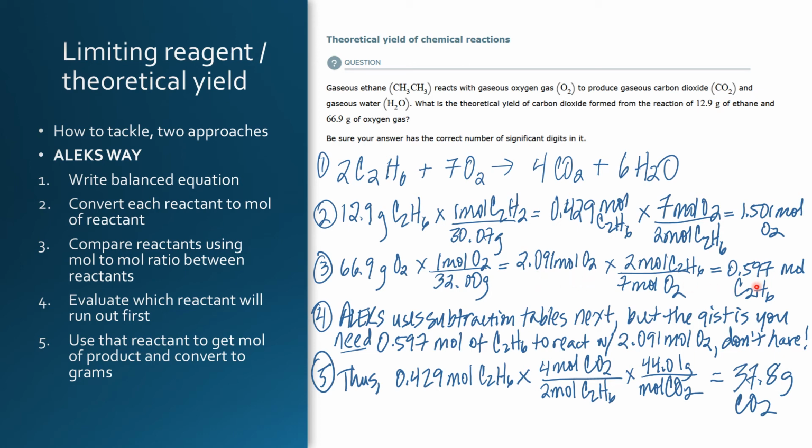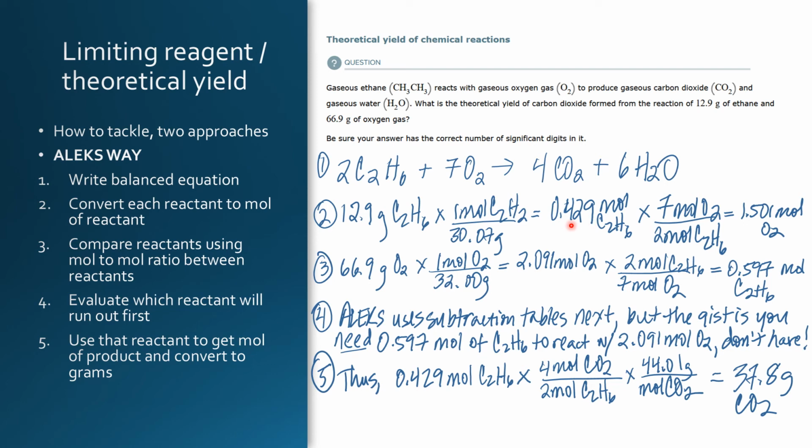We don't actually have 0.597 moles of ethane because in our first calculation, we realized that we only have 0.429 moles of ethane based on the gram amount of ethane available. So clearly, this is going to be limiting.